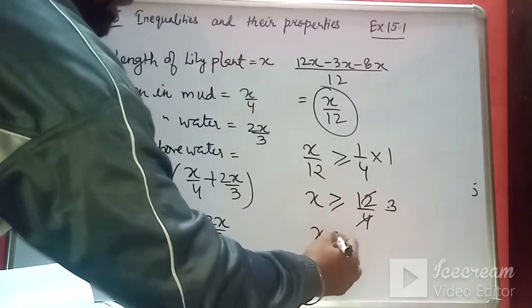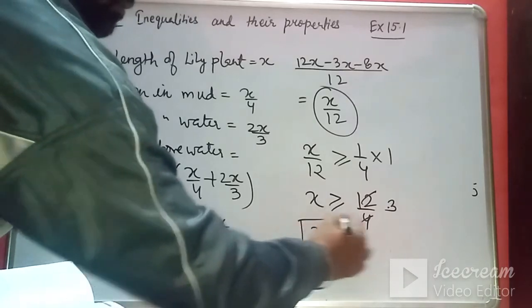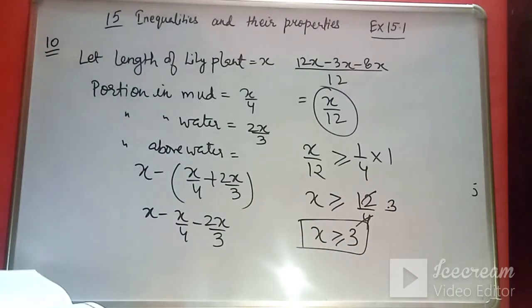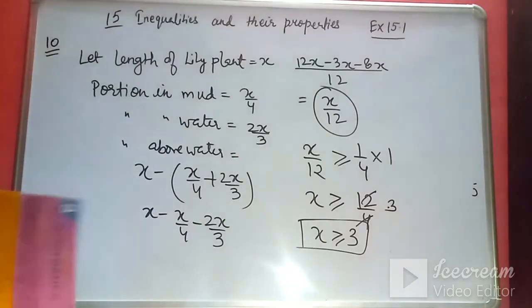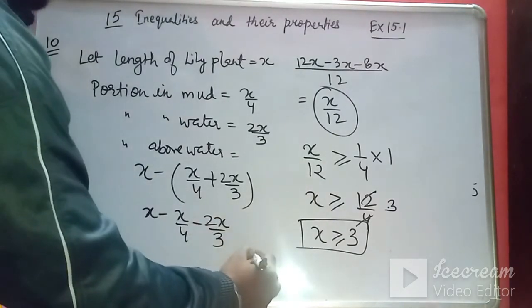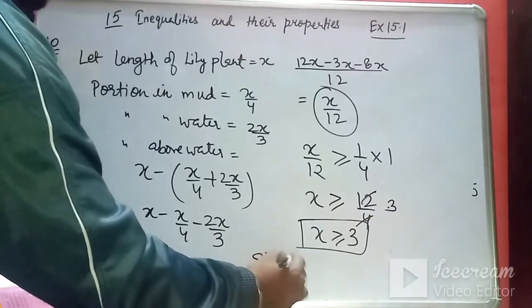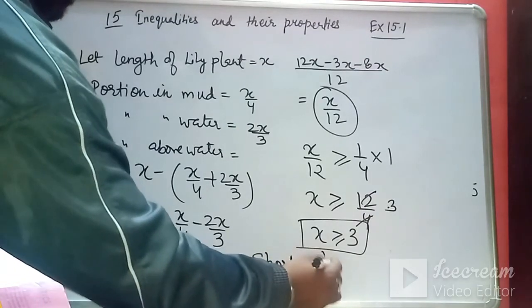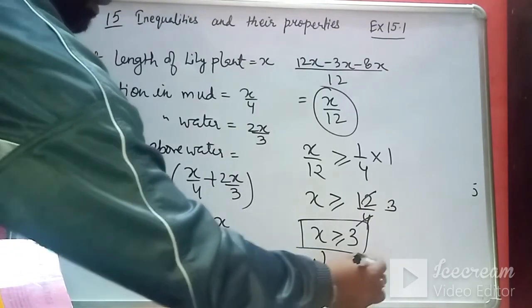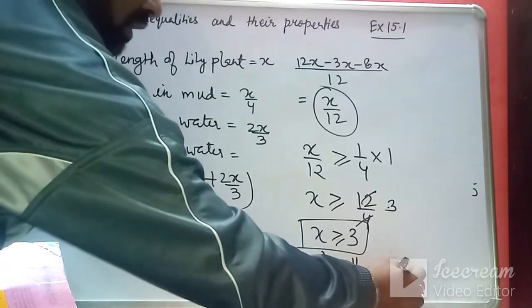So x should be greater than or equal to 3. So the length of the lily plant should be greater than or equal to 3. So what will be the shortest length possible? So shortest length is equal to 3 meter.